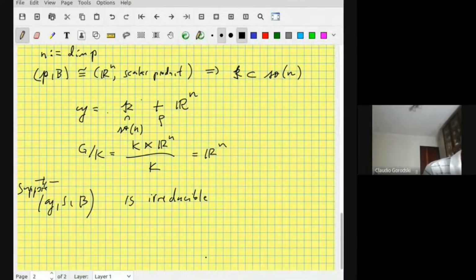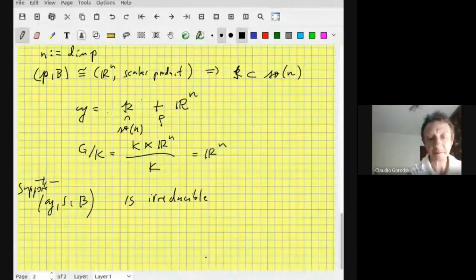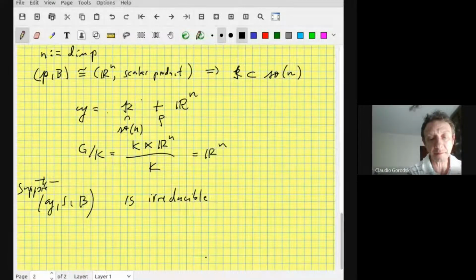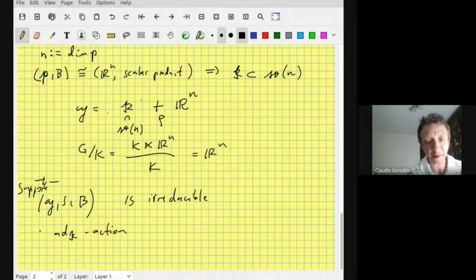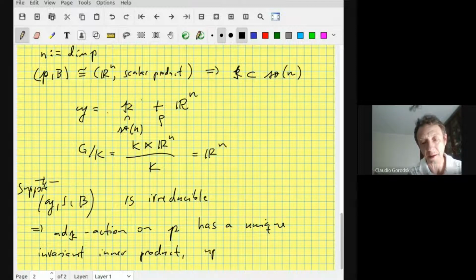Yeah, if this is irreducible, it means that the ad K action on P has a unique invariant inner product up to scaling.